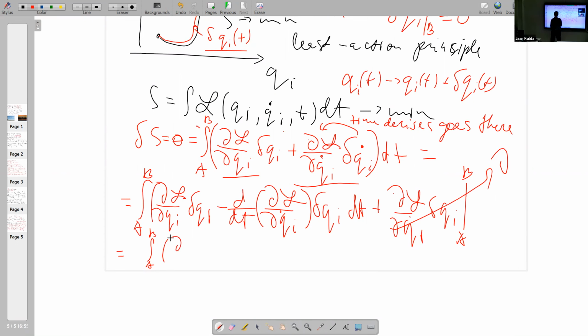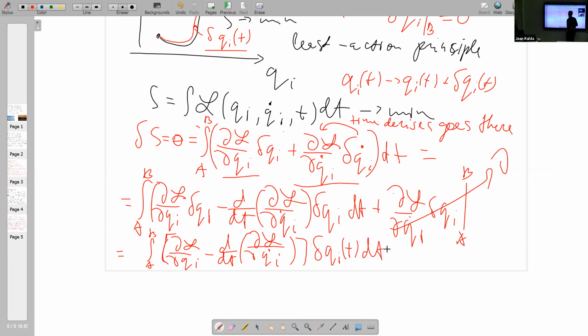So ∂L/∂qi minus d/dt of ∂L/∂qi dot. And then the braces close, and then we have delta qi, which is a function of t, and then dt, and this all must be 0.